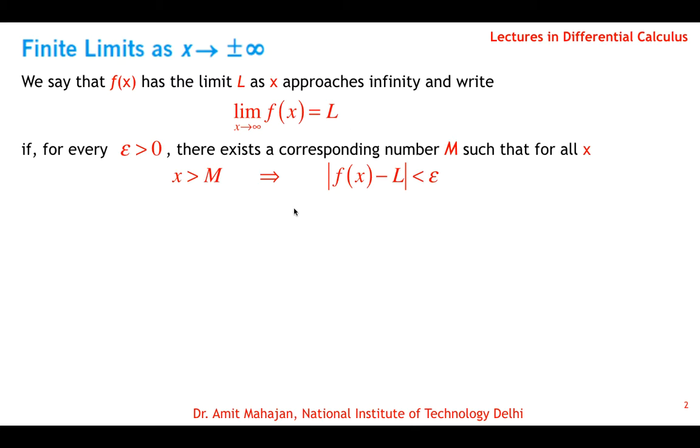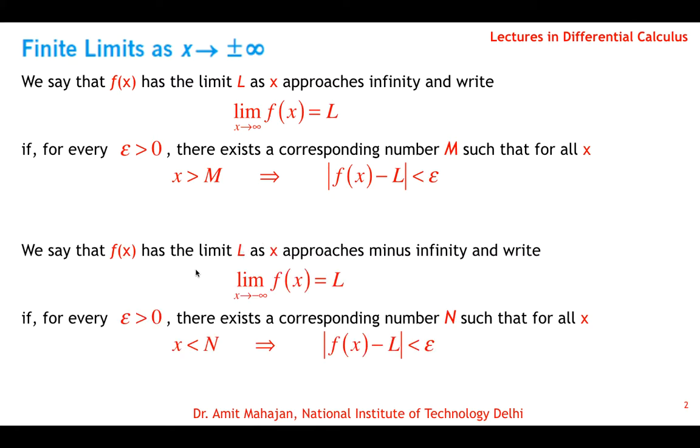Similarly, we take x going to minus infinity, so x becomes large but in the negative direction. Then we say that the function f(x) has the limit L as x approaches minus infinity, and write that the limit of the function as x goes to minus infinity is L, if for every epsilon positive there is a corresponding number N such that for every x smaller than this number, which is towards minus infinity, the distance of the function from L is less than epsilon.